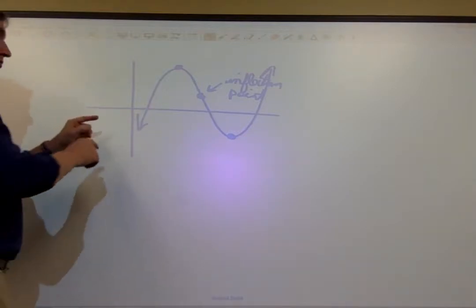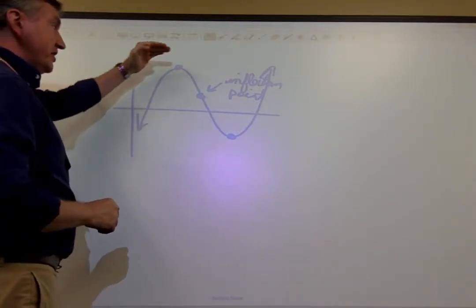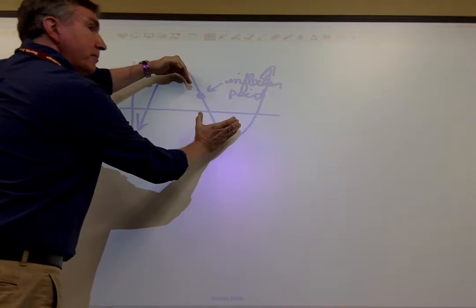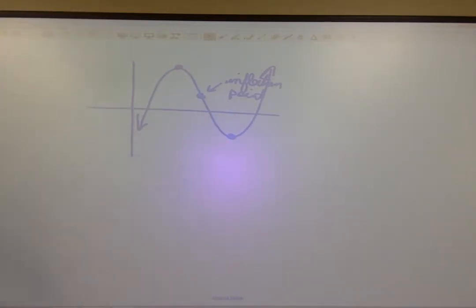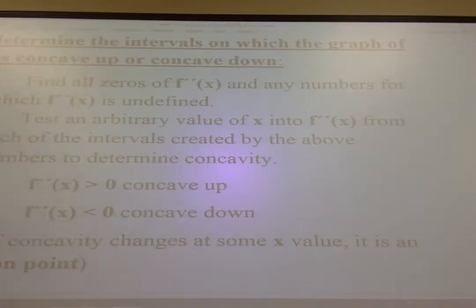But if I can tell numerically where this changes from down to up, right there, if I could find that point, that's my inflection point, and I could find exactly where it switches. That's going to help me in a lot of different cases. Okay? So that's what we're doing in this section. We're going to try to classify those intervals as concave up, concave down, and find any inflection points.